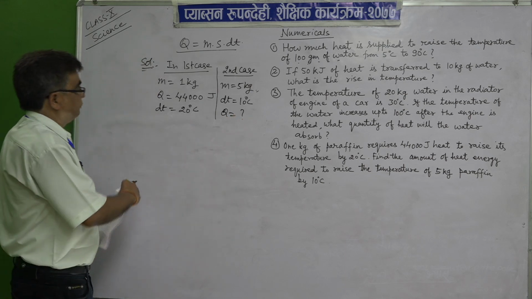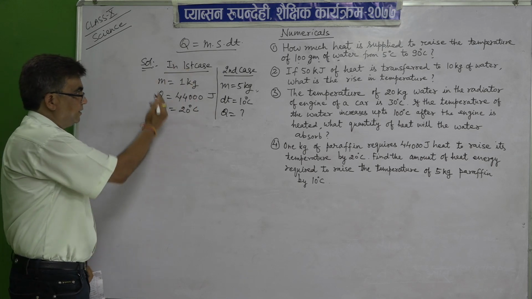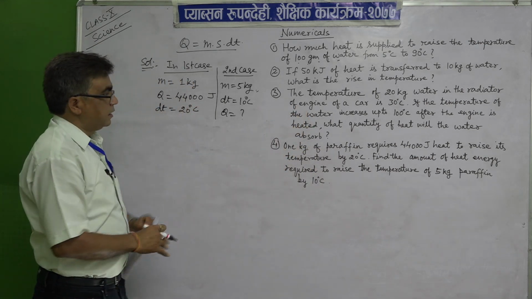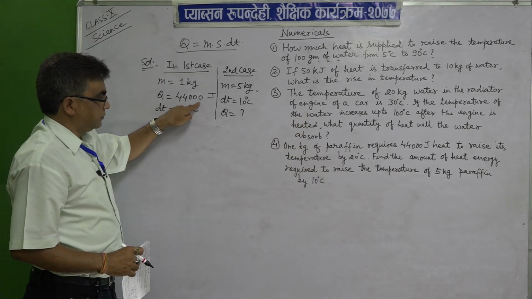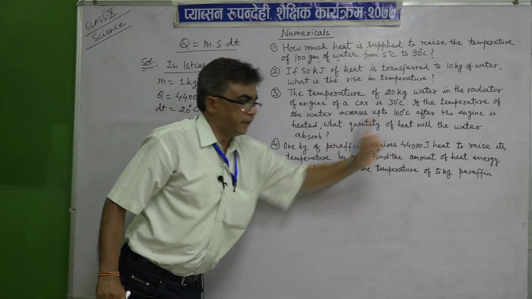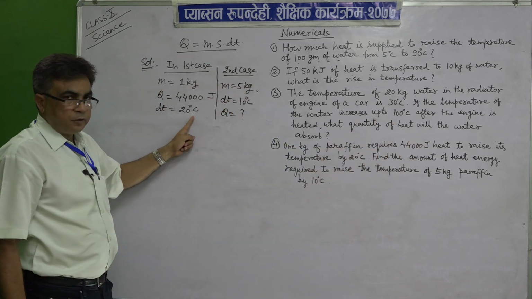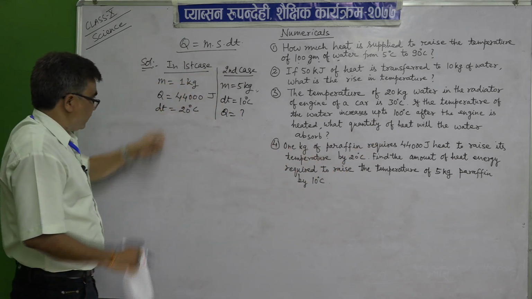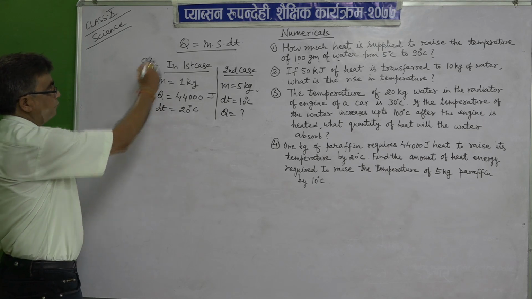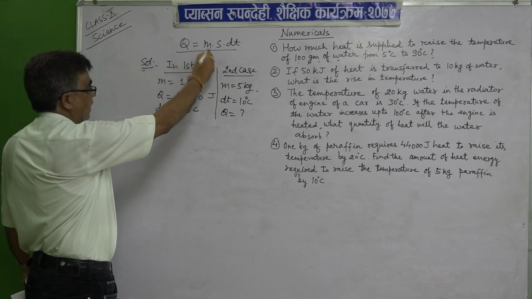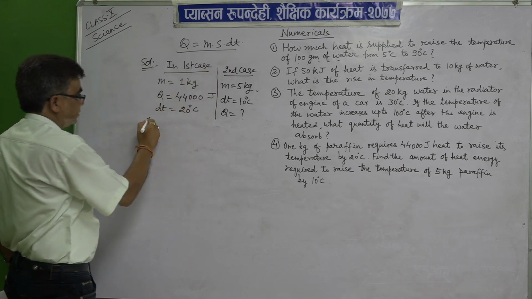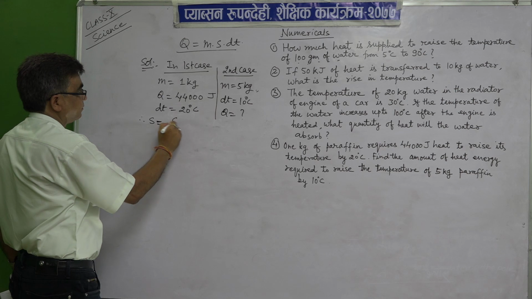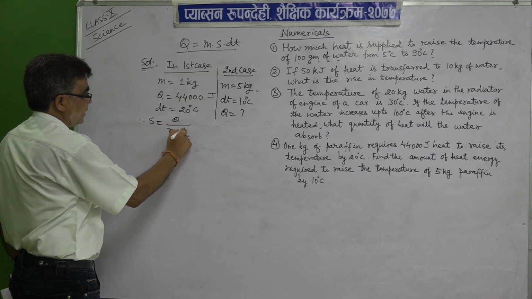Look here. In the first case, m is given as 1 kg, 1 kg of paraffin, q is given as 44,000, it requires 44,000 joules of heat, and dt is given as 20 degree centigrade, to raise its temperature by 20 degree centigrade. So, we can calculate S. The formula is q equals m S dt. So, S equals q upon m into dt.